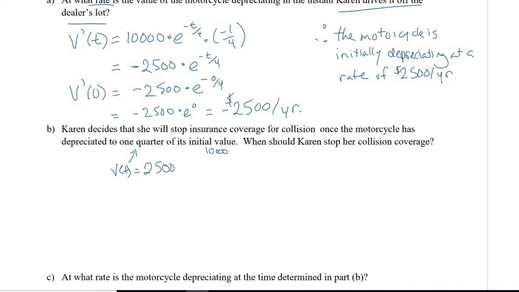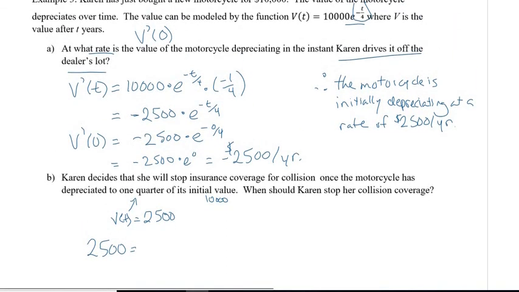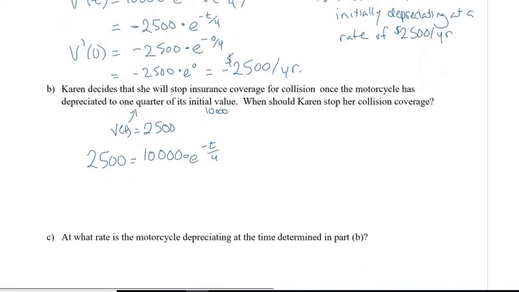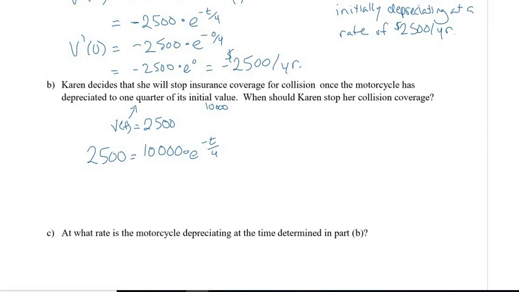In this case, it's not really asking us anything about the rate of change, so we don't need to use the derivative. We're just going to plug that in for v of t, the original function, which was 10,000 times e to the negative t over 4. And then we're just going to solve for t, where we want to find the time.